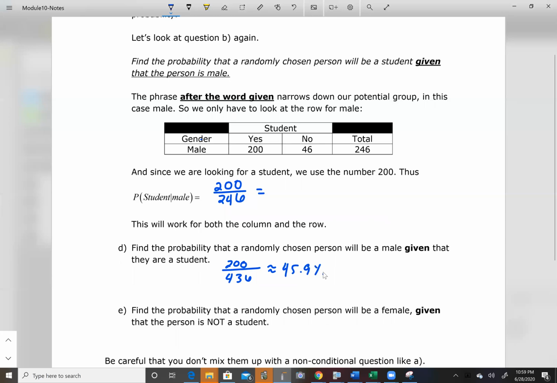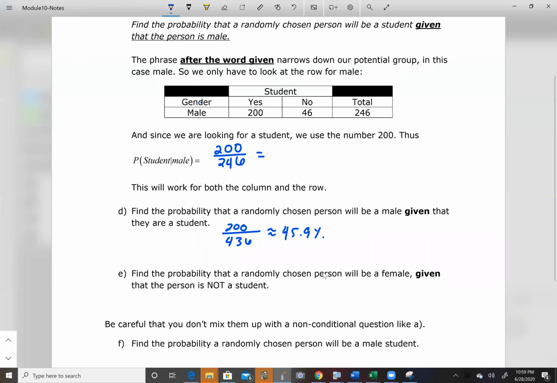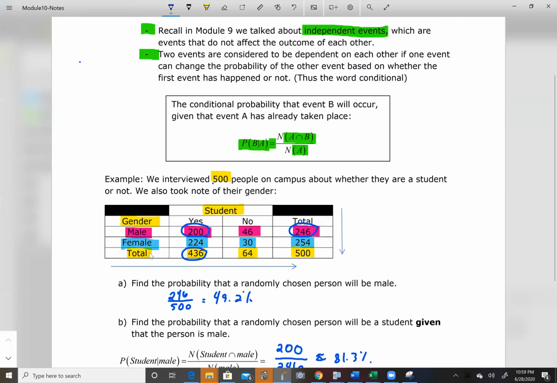And next, find the probability that a randomly chosen person will be female, given that that person is not a student. So we're going to go back up. Given that they're not a student, this time we're only working out of these 64 people. And out of those 64 people, 30 were female.